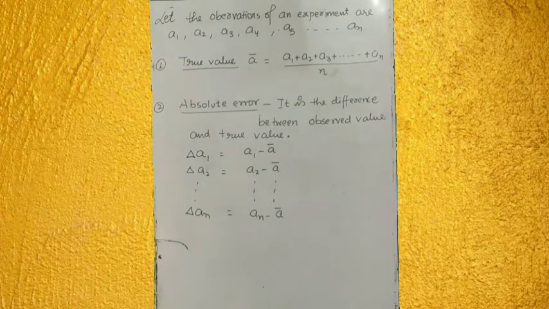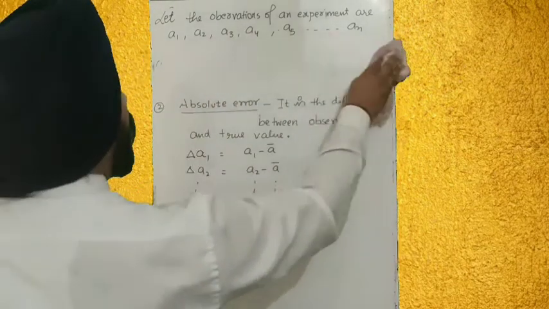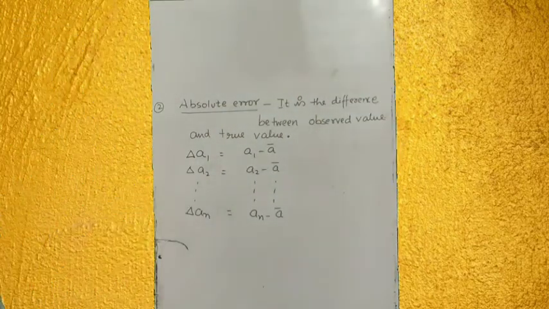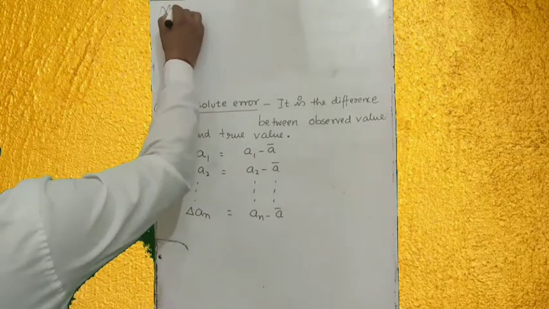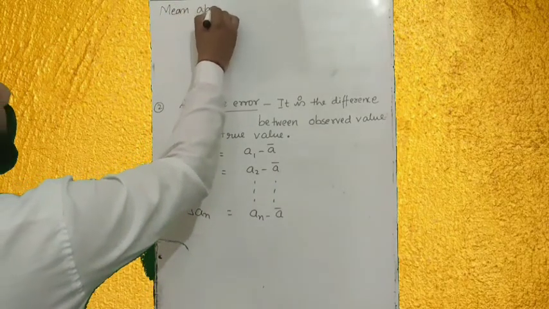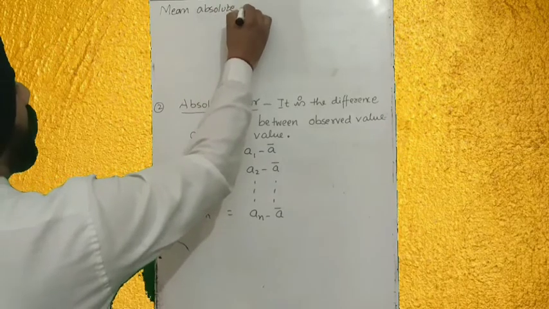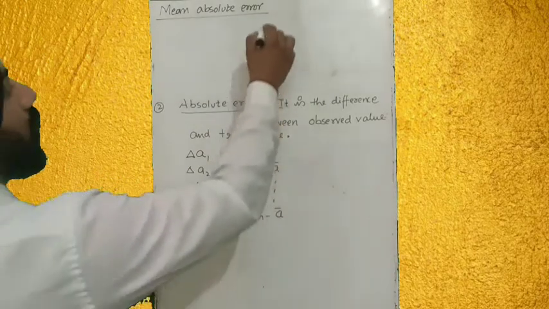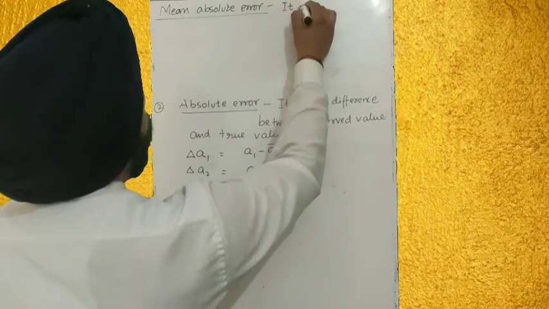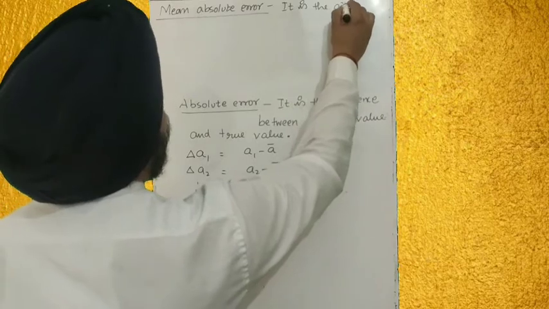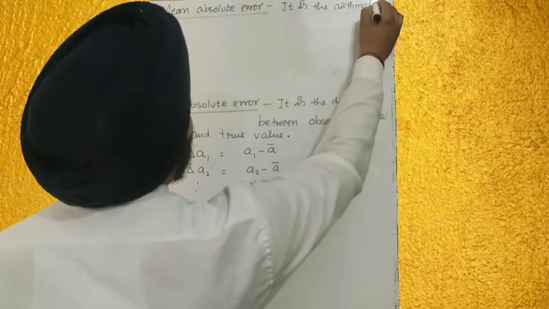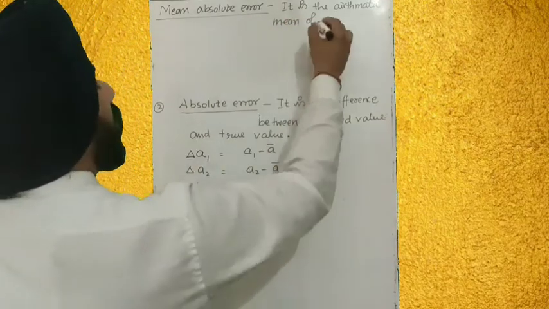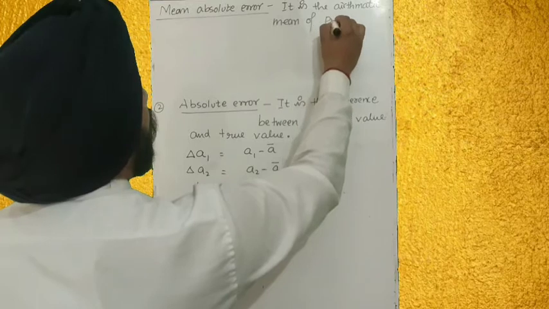After finding the absolute error, we have another term called mean absolute error. What is mean absolute error? It is the arithmetic mean of the positive values of absolute errors.